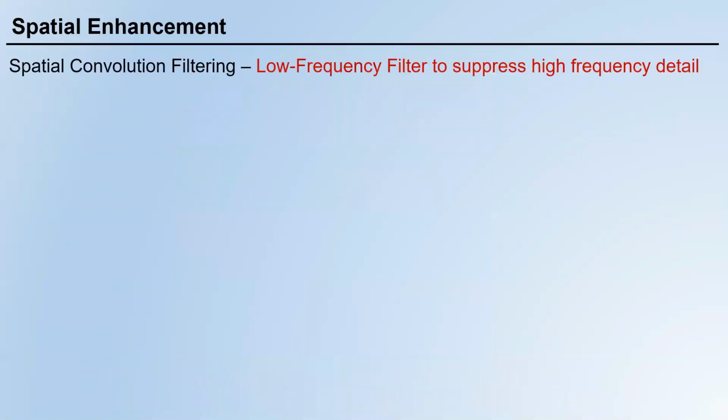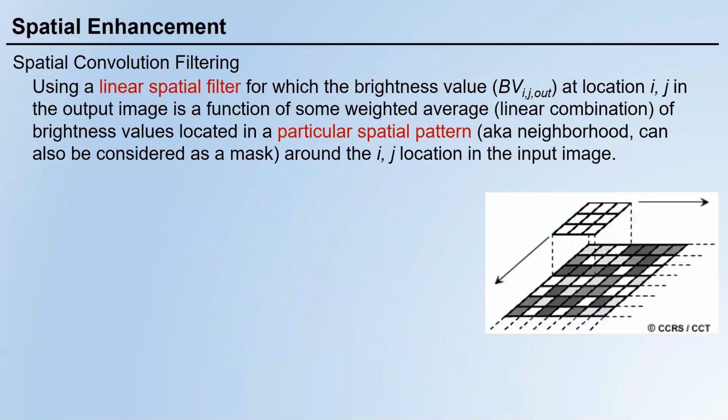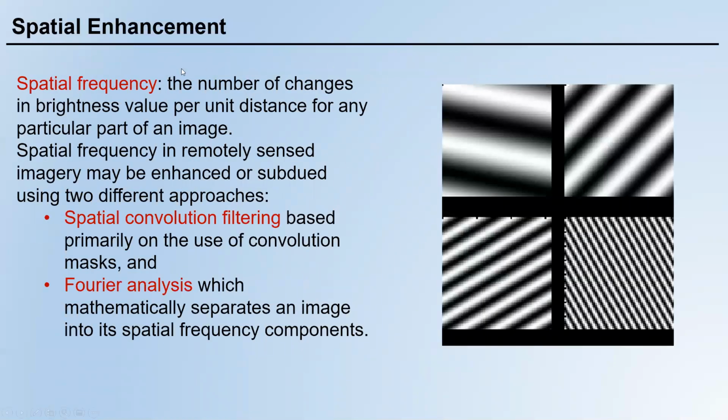Okay, so the low frequency filter is to suppress high frequency detail. Now you need to be careful with this concept. This is a low frequency image with fewer boundaries. But here is a high frequency image. There are a lot of changes within each unit distance.